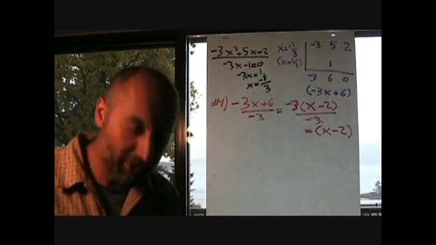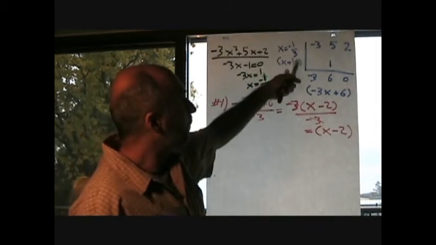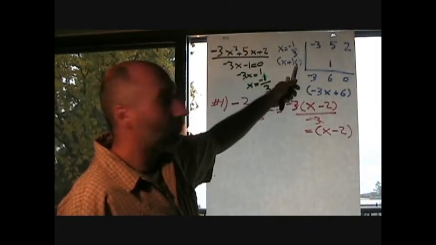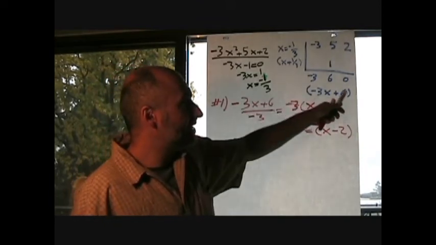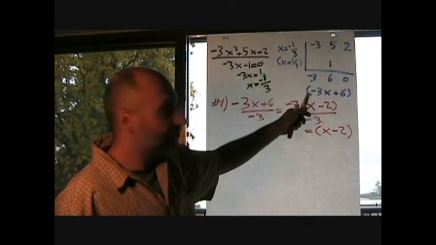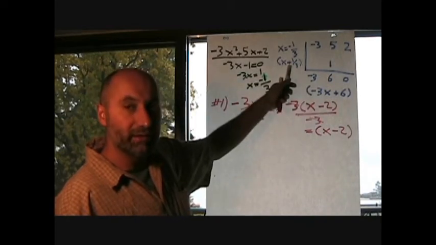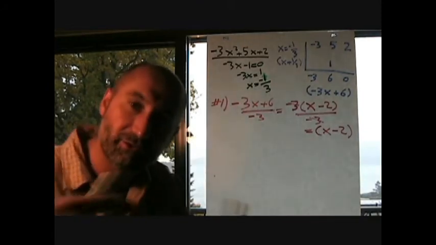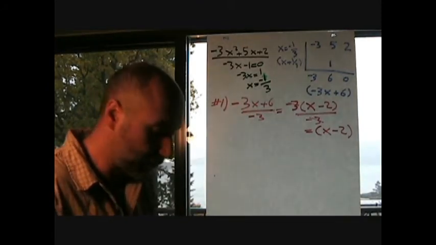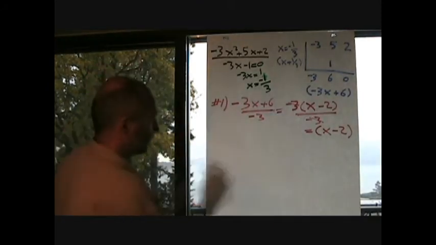Right? And that's the first way you can think about it. The second thing you can do is take a look at what we have here. It's x plus 1 over 3. Then what you can do is take out a GCF from this and just take that GCF and multiply it with this guy, which is really the same thing that we did here, but it's just another way of thinking about it. So what you can do is the following.